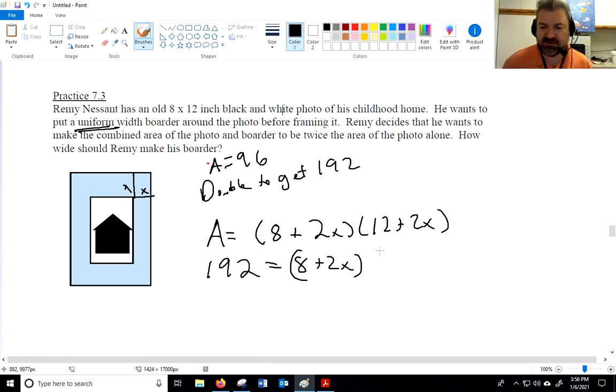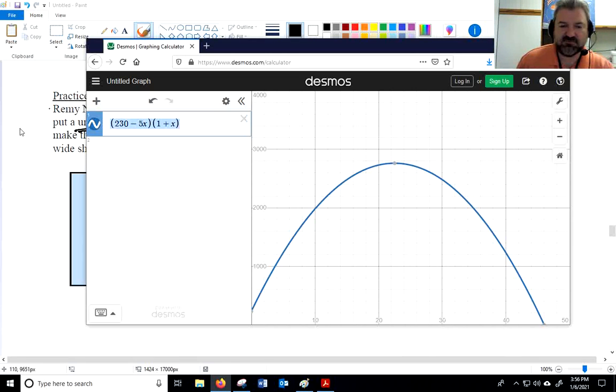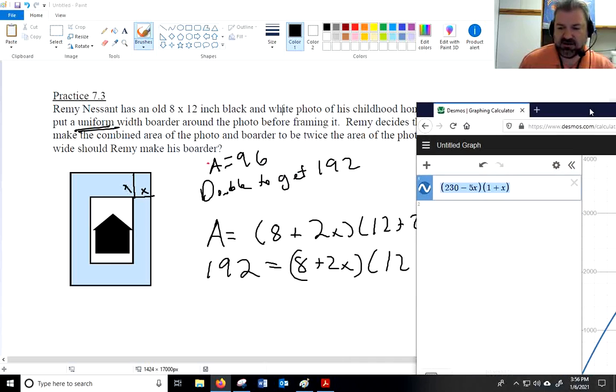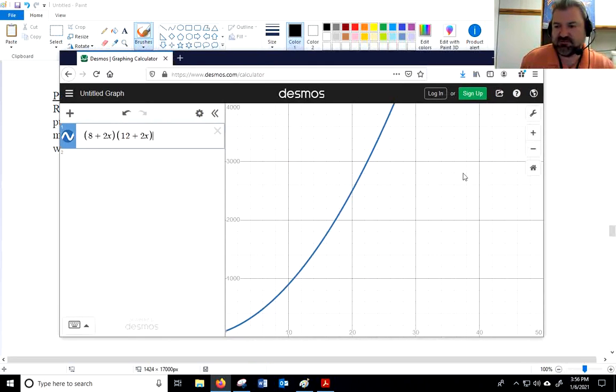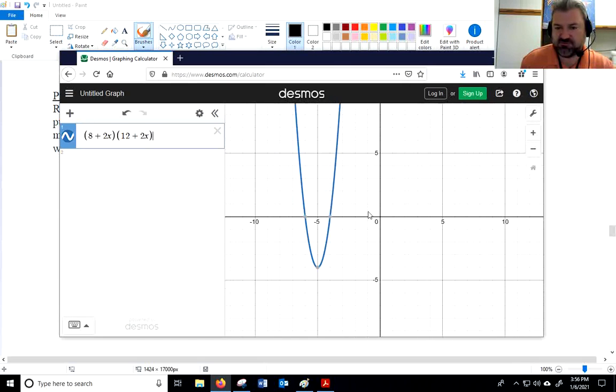So this would be a pretty easy problem for us to just multiply out and solve with a quadratic formula. But let's use a graphing calculator since we've been doing that. Let's see how I can do that. I'm going to say 8 plus 2x times 12 plus 2x. And I'm looking for when this equals 192.